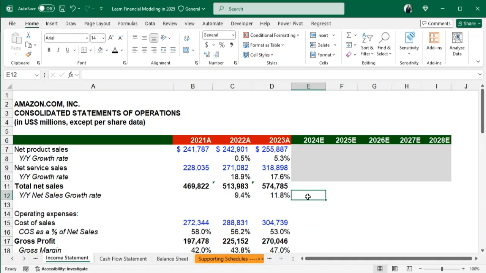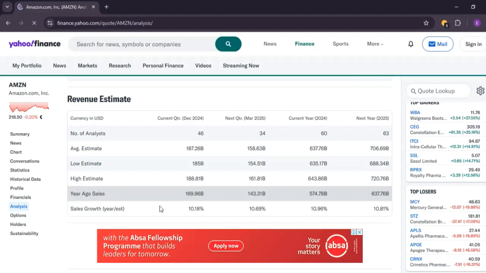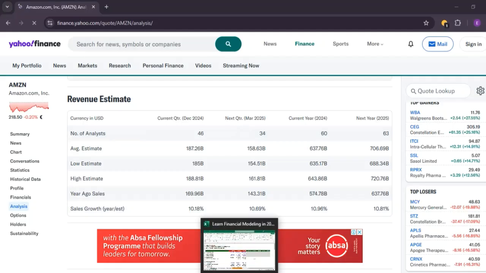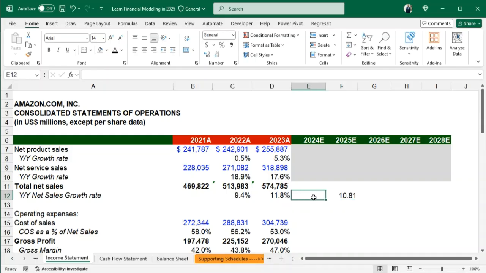We've been told that this company is going to grow sales by 10.81% into the year 2025. Sorry, this is true for 2025, so let me cut this and paste here. And then for 2024, it is 10.18, so I can come here and input 10.18 here.